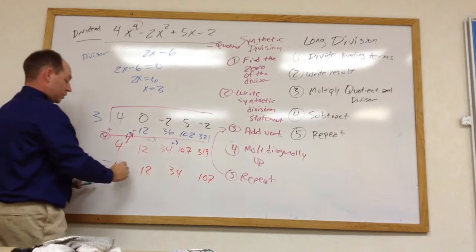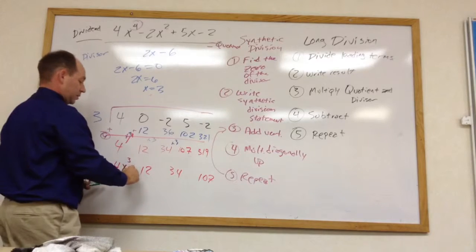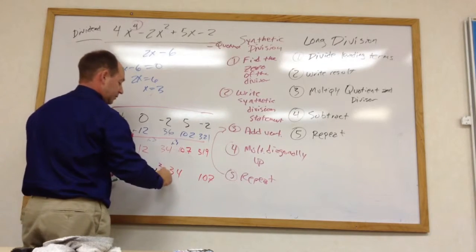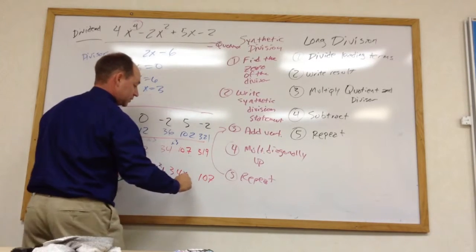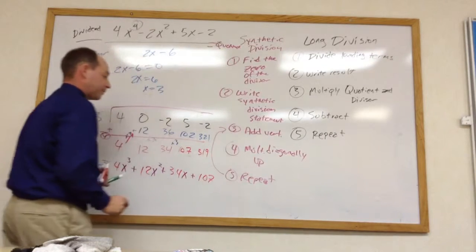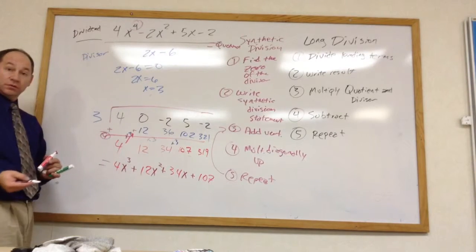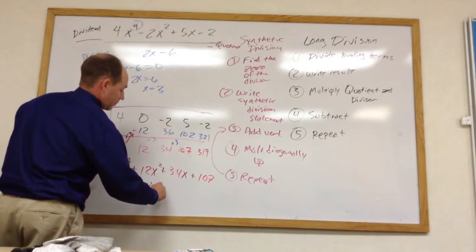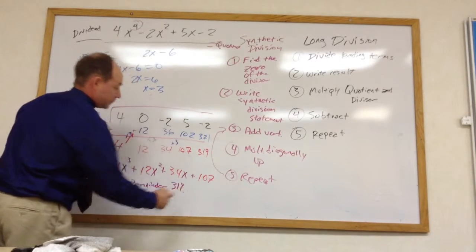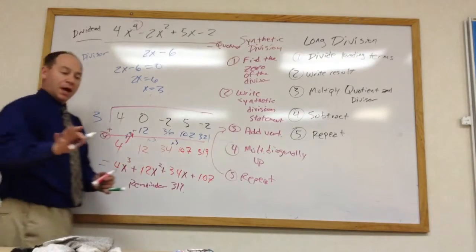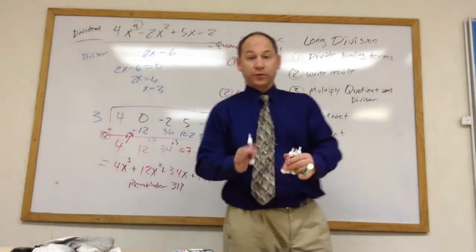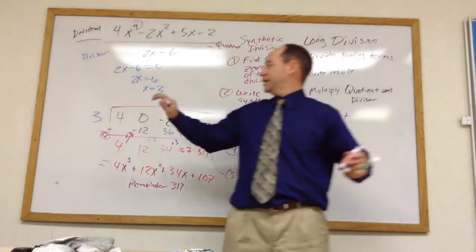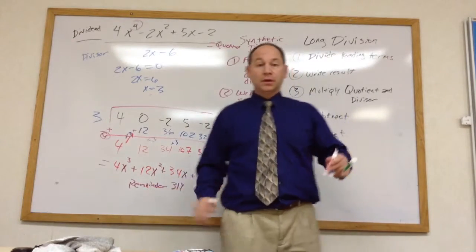It'll start with 4 times x to the 3rd, plus 12 times x to the 2nd, plus 34 times x to the 1st, plus 107, with a remainder of 319.